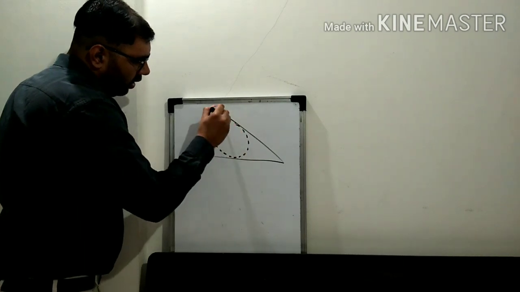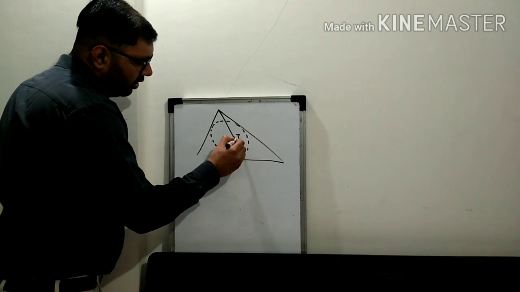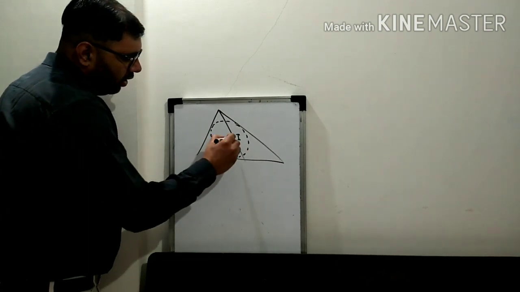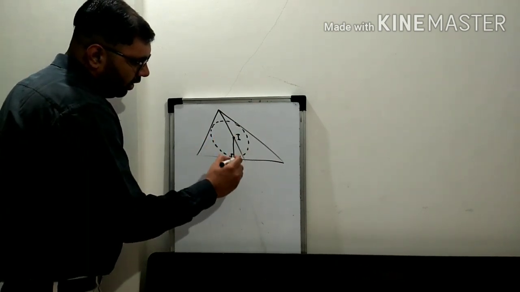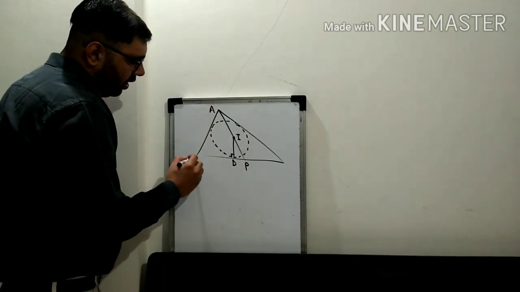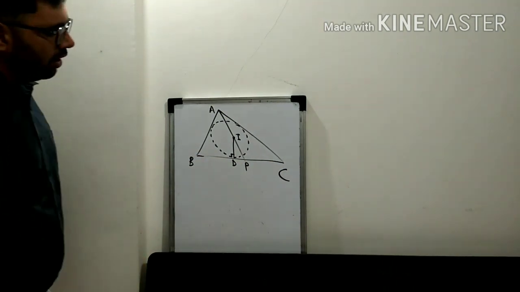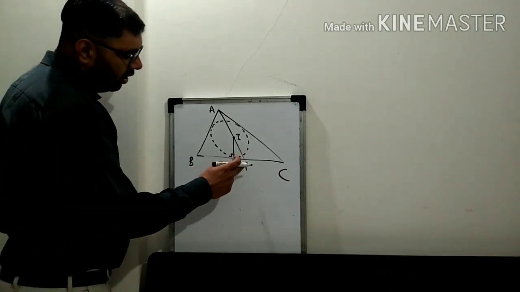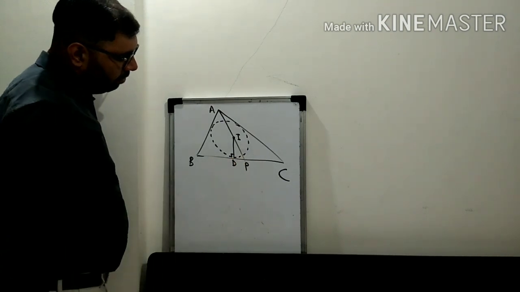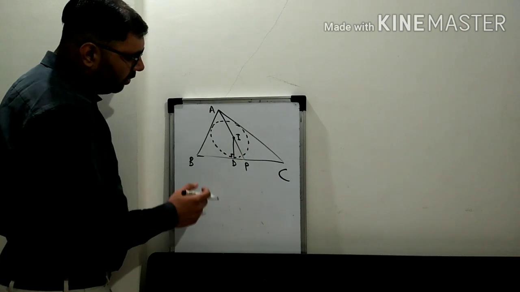I draw an angle bisector like this, so it will pass through the incenter, and I draw a perpendicular. So this distance will be D, and this is P. This is A, B, and C. Now suppose I am interested in finding the length of BP. How do you find the length BP?